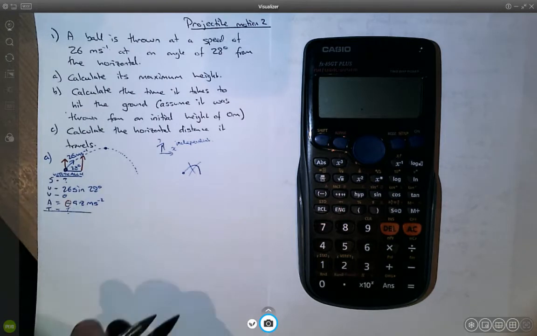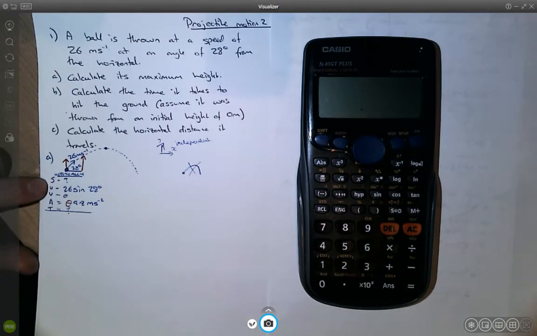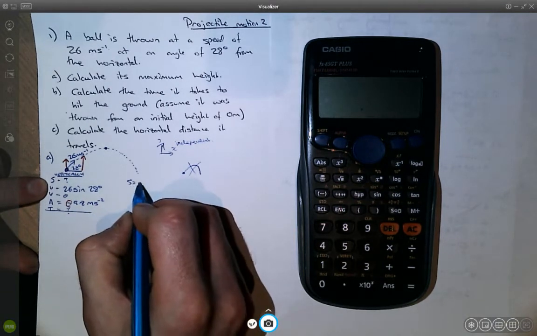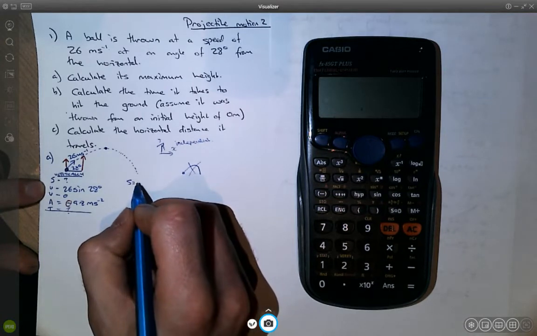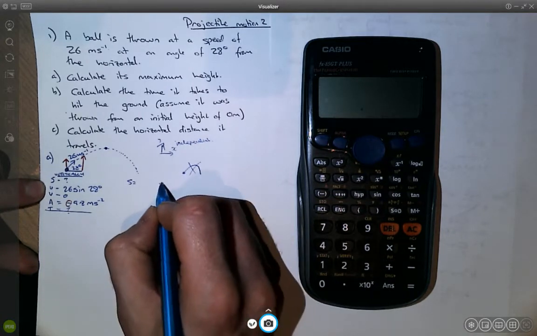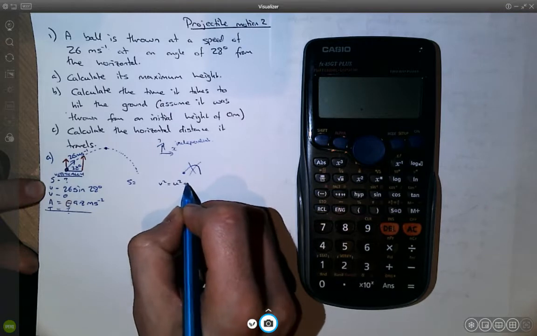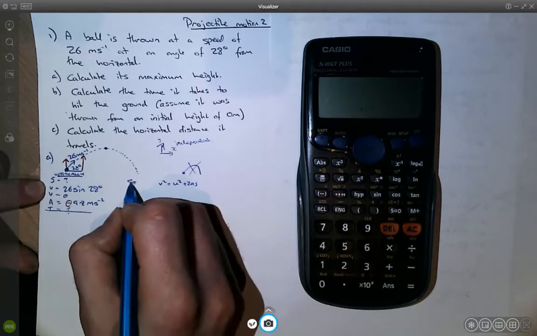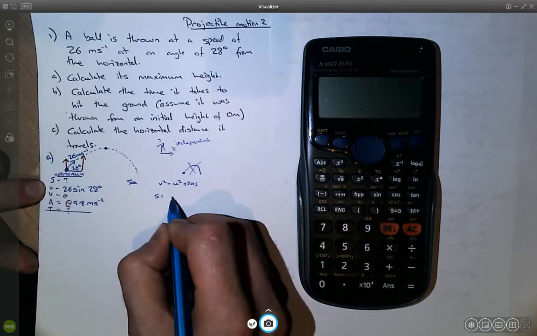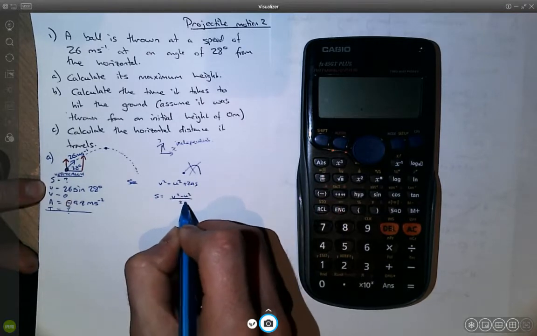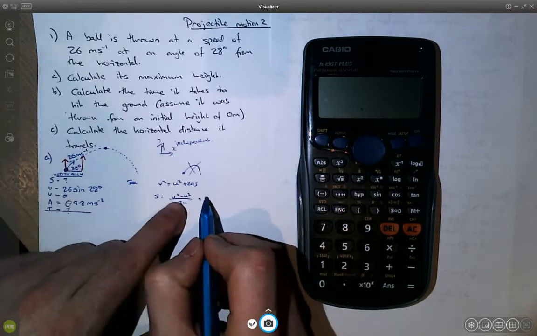So what equation has each of these variables in? We should use V squared is U squared plus 2AS. So S is V squared minus U squared over 2A. Let's plug in our numbers.